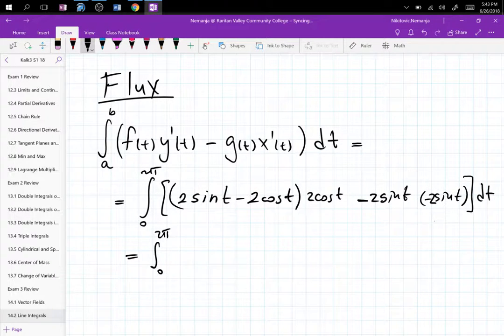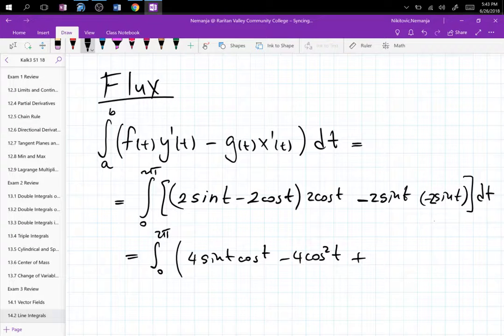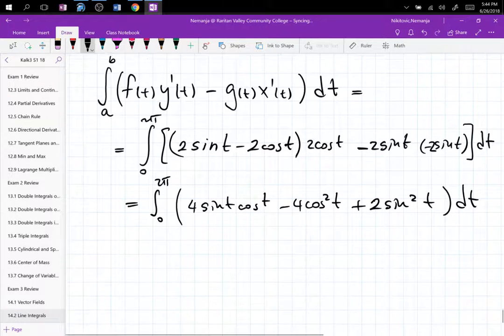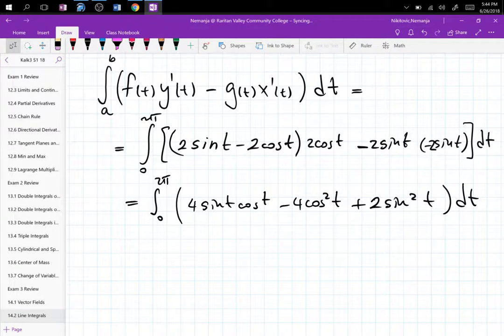All right, so now what do I have? I have 4 sine t cosine t minus 4 cosine squared t plus 2 sine squared t dt, and we'll do the same, wait, no, this is a 4, not 2. We'll do the same trick.